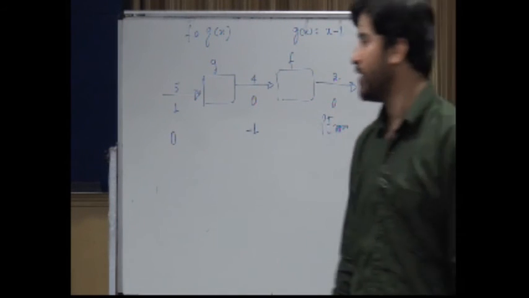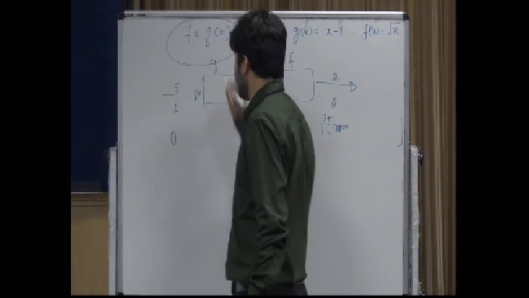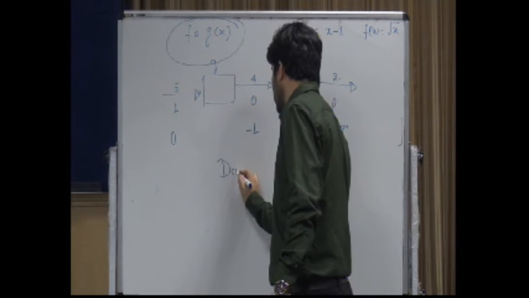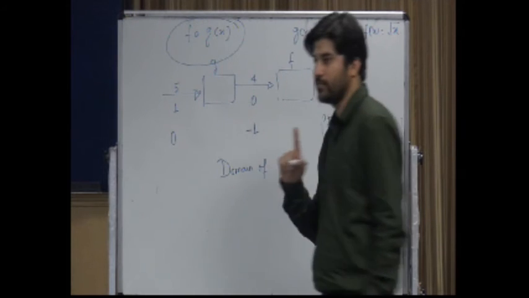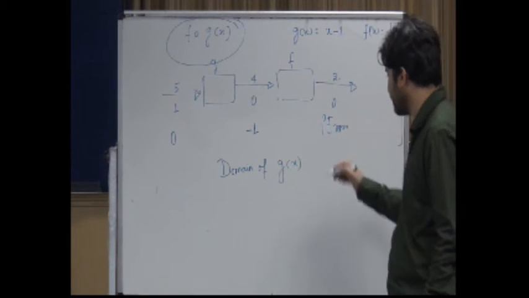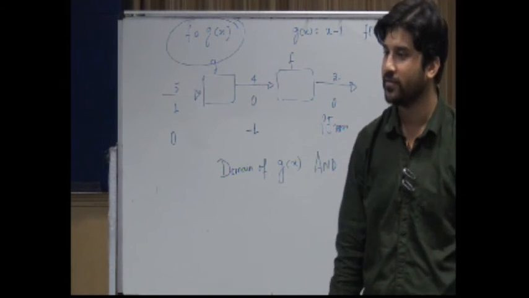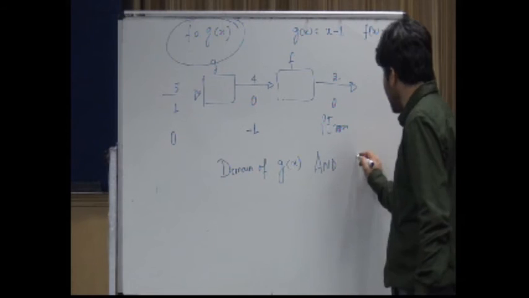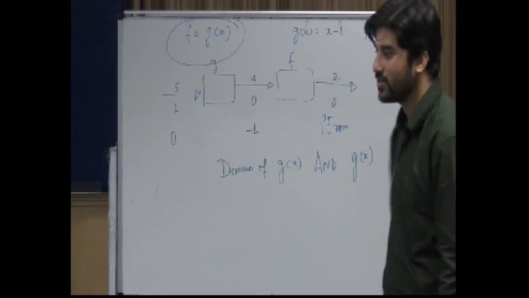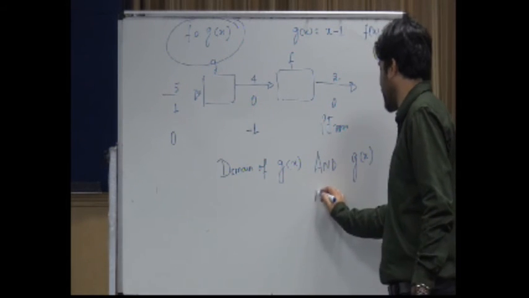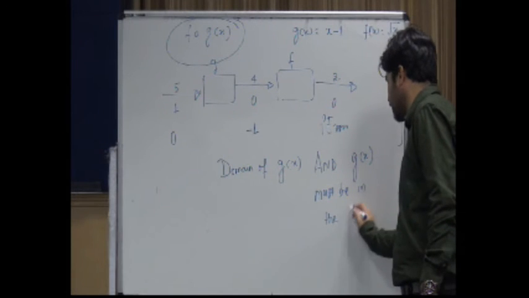So what is the idea here? The idea here is the domain of f of g should be domain of g(x) first, and g(x) must be in the domain of f.